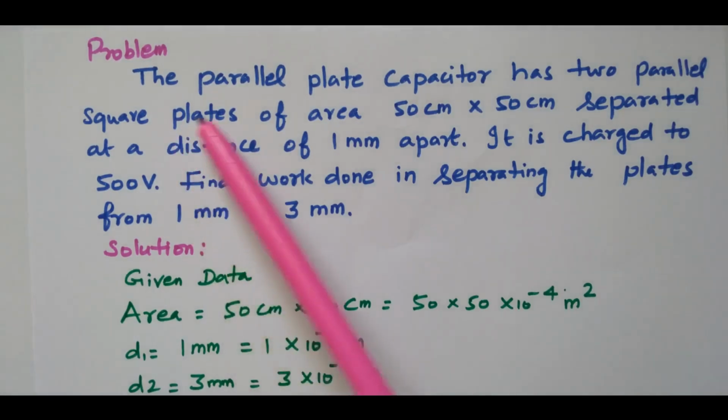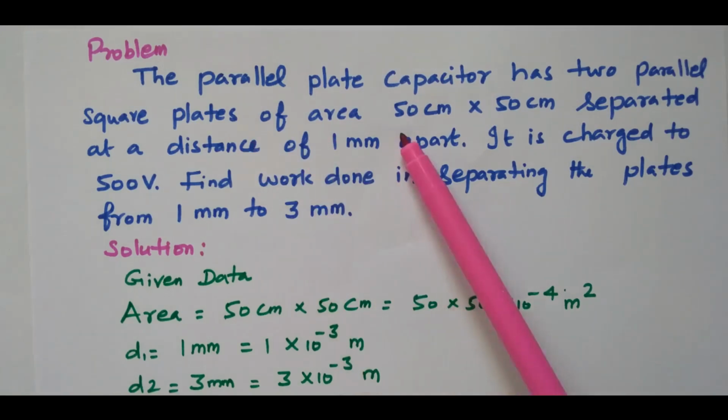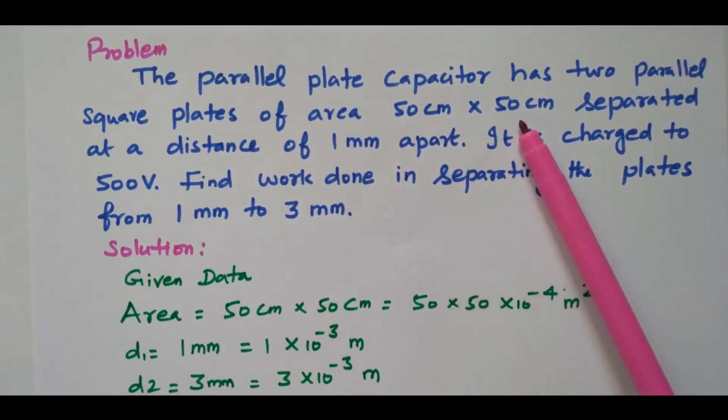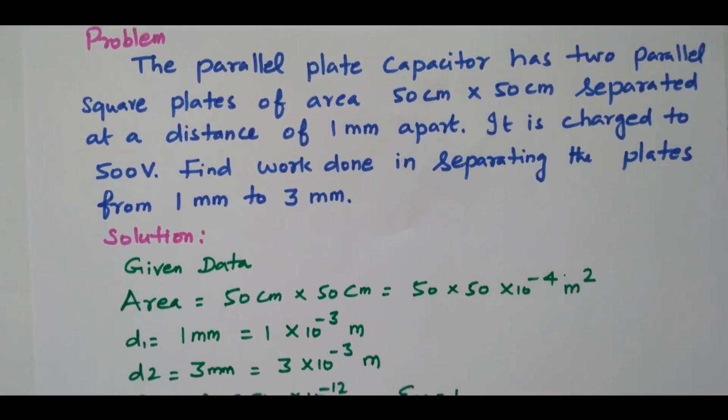We have a parallel plate capacitor with two parallel square plates of area 50 centimeter into 50 centimeter. That is 50 into 50 into 10 to the power minus 4 meter square. By converting centimeter to meter, we need to multiply by 10 to the power minus 2; here two terms are available, so 10 to the power minus 4 meter square.